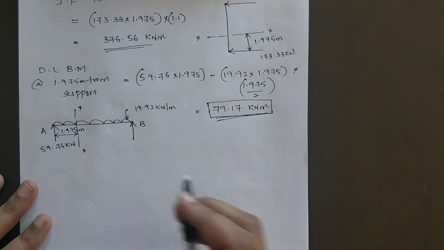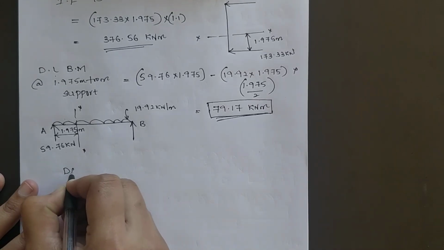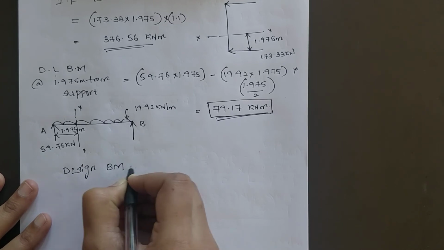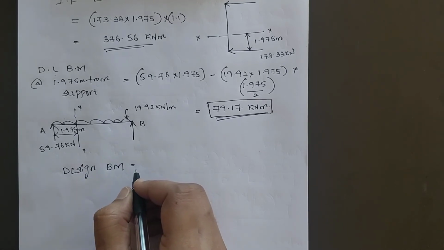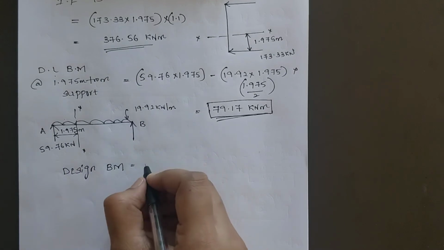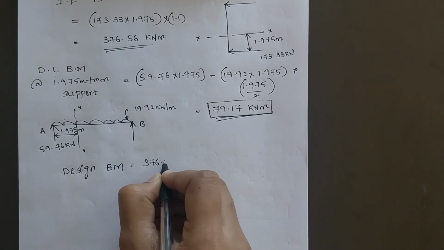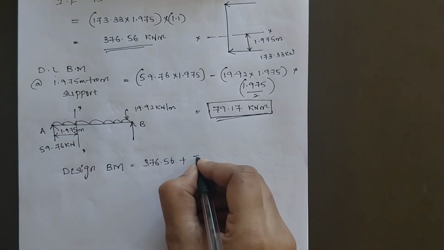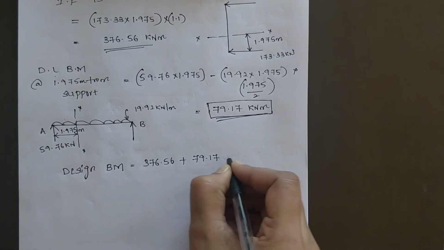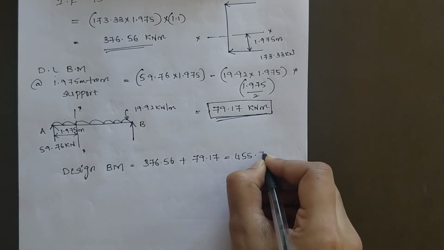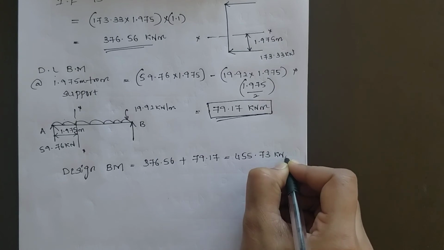Then you calculate design bending moment as well as shear force. Design bending moment will be equal to the sum of the live load and dead load bending moments. The live load bending moment you have calculated is 376.56 plus the dead load bending moment 79.17, that will be equal to 455.73 kilonewton meter.